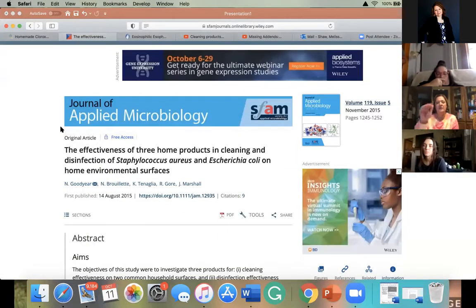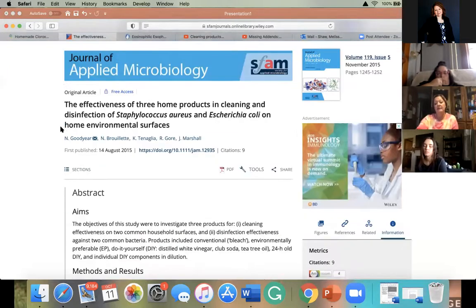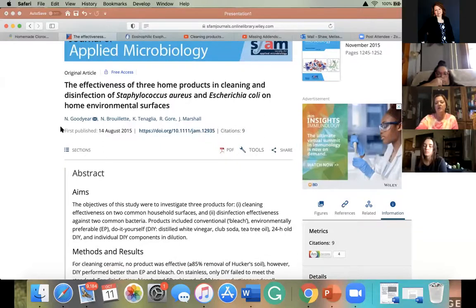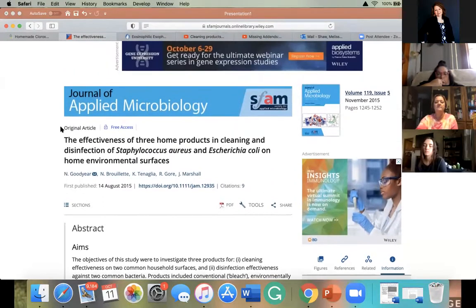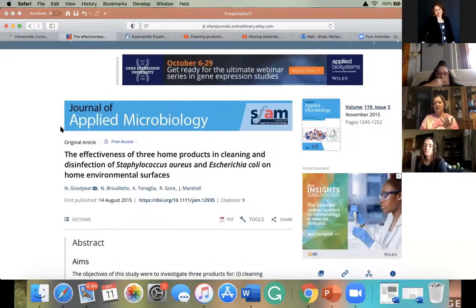study took 3 different cleaning products, one being bleach, and this one they used white vinegar, club soda, and tea tree oil. And then just some of them they used vinegar with water or rubbing alcohol with water. And they used each one of them.